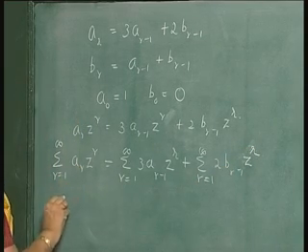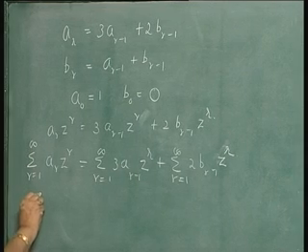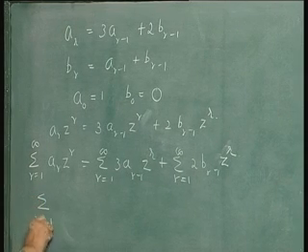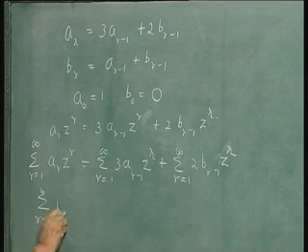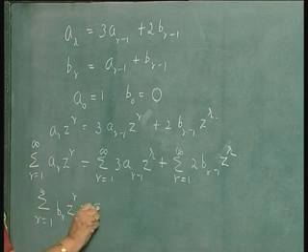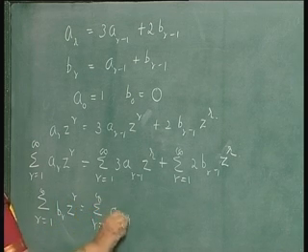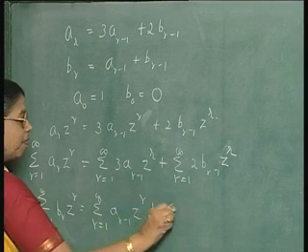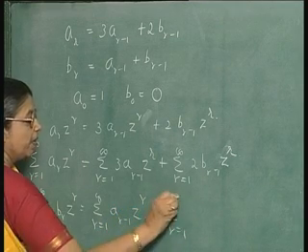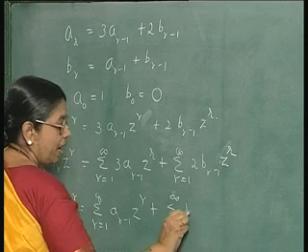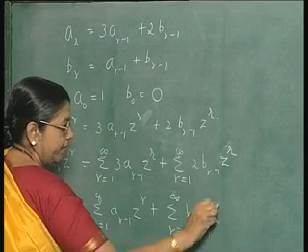Now, similarly, you will also get sigma r equal to 1 to infinity b_r z^r equal to sigma r equal to 1 to infinity a_(r-1) z^r plus sigma r equal to 1 to infinity b_(r-1) z^r.